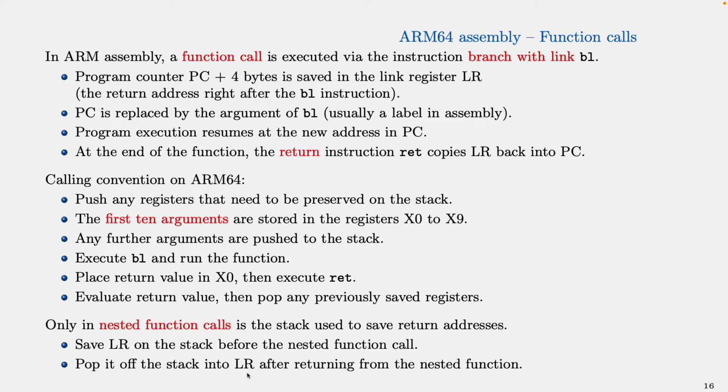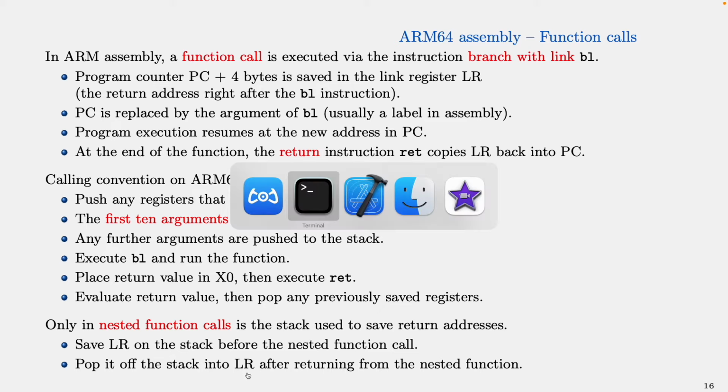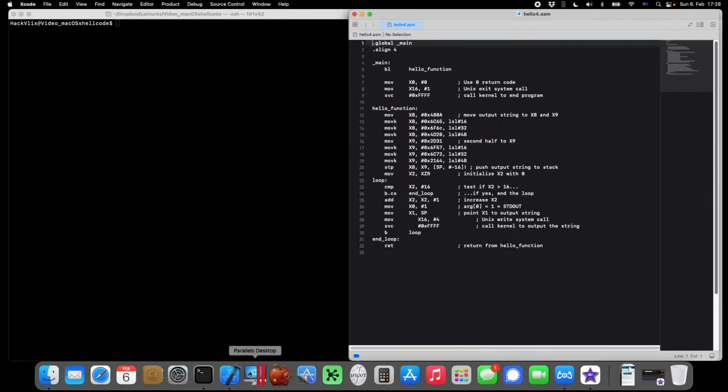Now, I want to demonstrate this with another little assembly program. Here, I modified HelloWorld so that I do the write system call from within a function. Now, how does it work? Here's main. Here's the entry point for my program. And the first thing I do is a branch with link to the hello function.